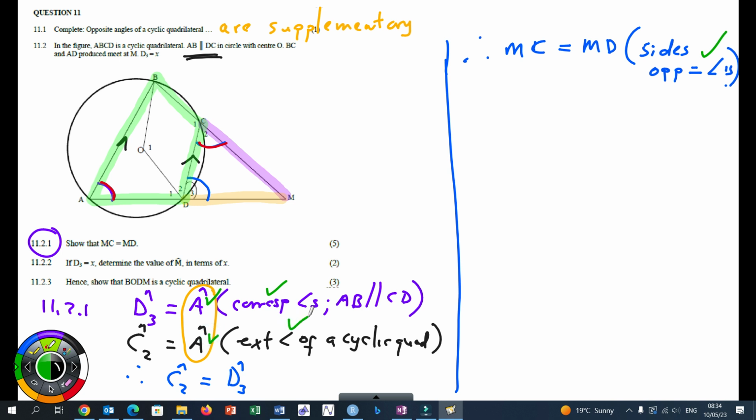Well, I might not give a mark for deducing that C2 is equal to D3 based on those 5 marks. So I would allocate it like this, because this is obvious. If you get those 2, this is obvious. Are you following that? So I would allocate it that way. Alright. Any question?